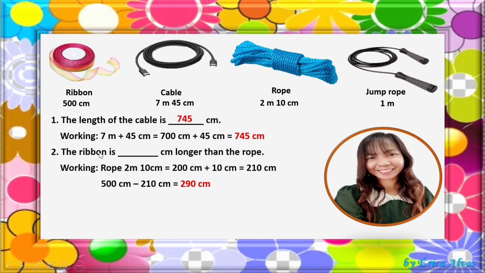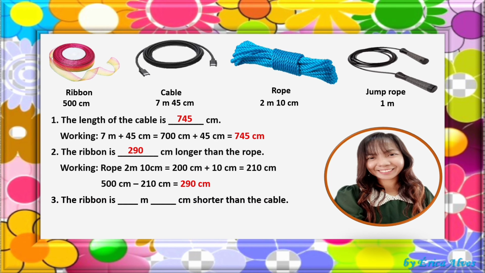The ribbon is 500 centimeters minus the length of the rope, 210 centimeters. So the answer is 290 centimeters. The ribbon is 290 centimeters longer than the rope. Always subtract if you're comparing two lengths, but first, make sure that they have the same unit.